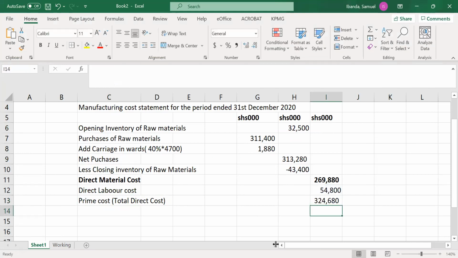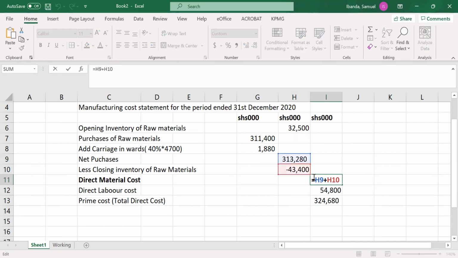So when you add 269,880 plus 54,800, you see that's 324. Just a moment. Net purchases, this plus this, so this should actually include this one as well.